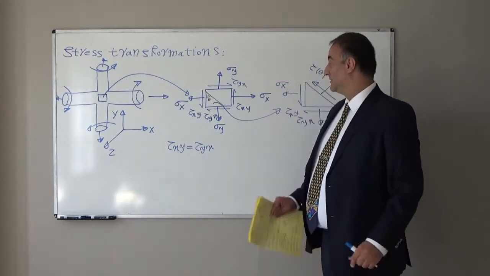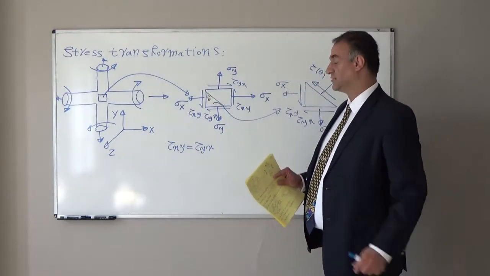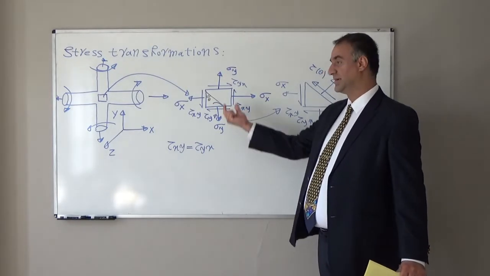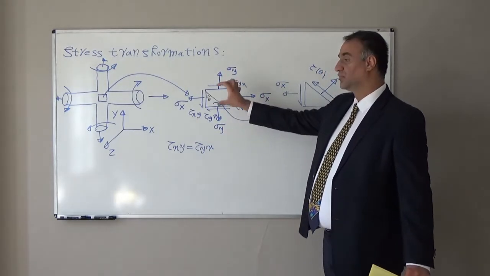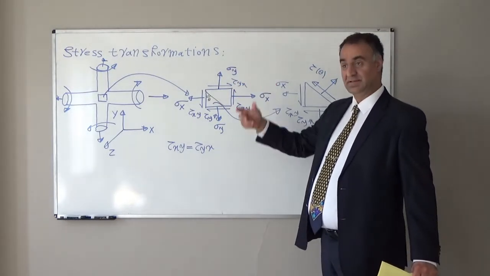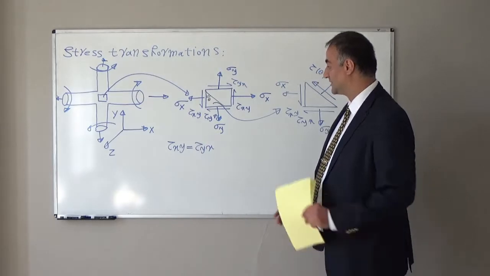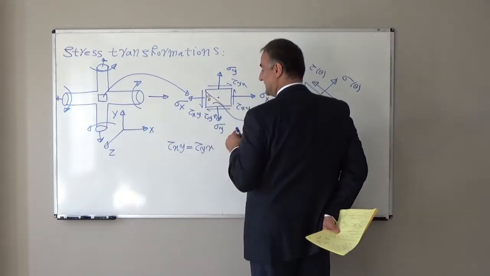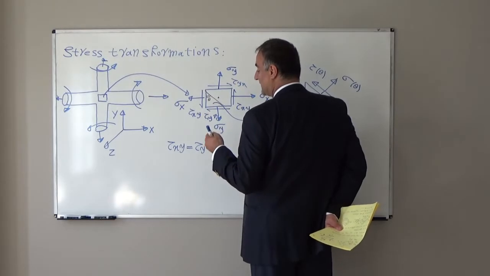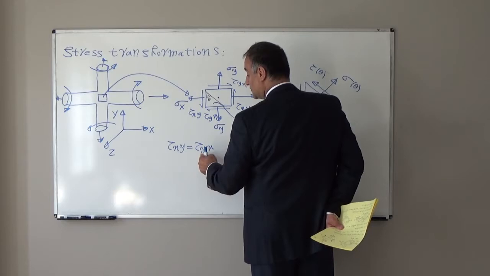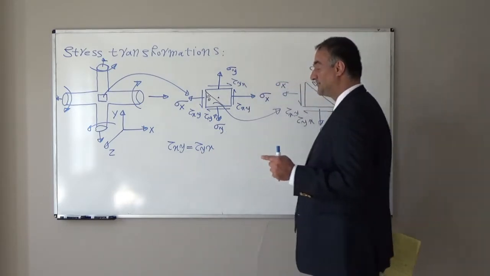Why? Because in order to keep this stress element in equilibrium, it should not move in vertical direction, it should not move in horizontal direction, and it should not rotate. Because it should not rotate, if we take moment with respect to, for example, the center of this element, from that we can find tau xy should be equal to tau yx.